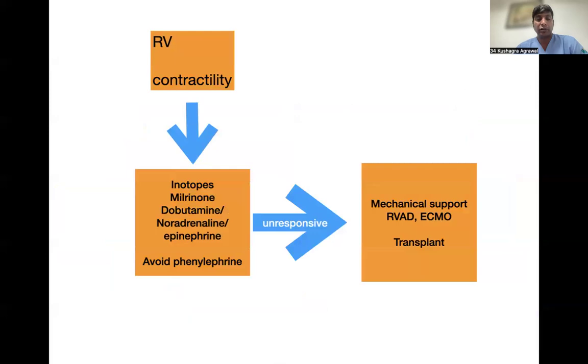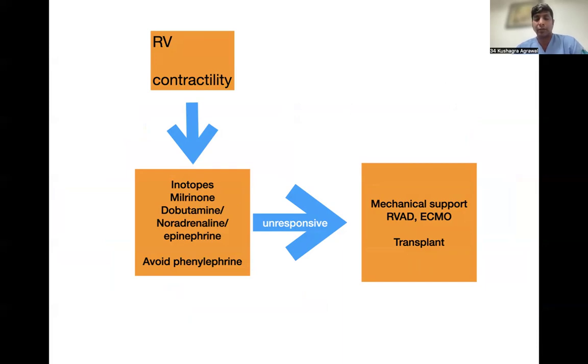To manage RV contractility, we can use different inotropes, milrinone and dobutamine, but the risk of hypotension is there. We can use norepinephrine, but we should avoid phenylephrine, which can increase pulmonary hypertension and systemic vascular resistance.